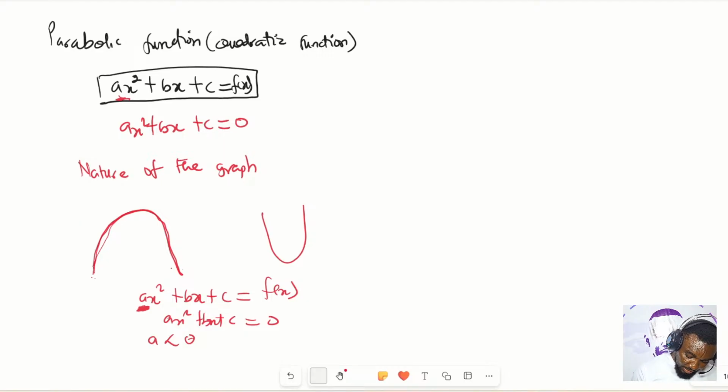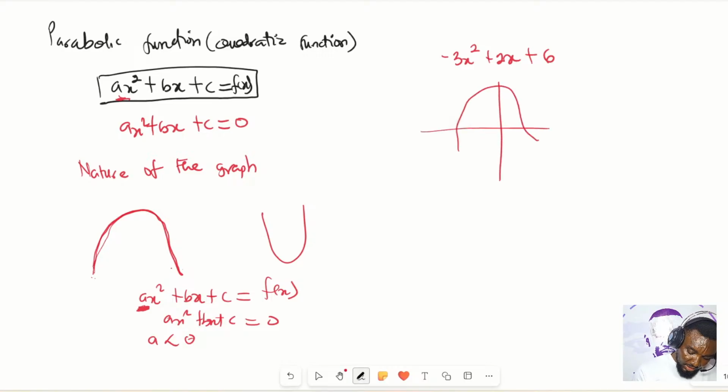Also, we say that negative numbers. So for instance, if we have negative 3x squared plus 2x plus 6, we should know that the graph of that function should look something like this. If we have negative x squared minus 6, the graph should look something like this. And then when a is greater than 0, or positive, the graph of that function is curved like this.